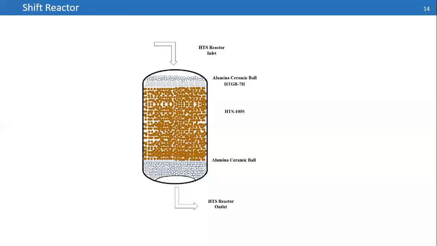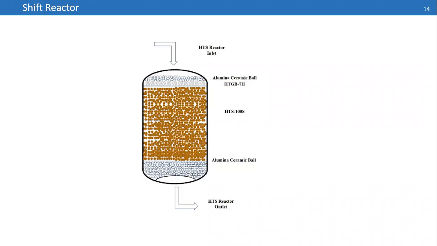But for the case of shift reactions, you reach the equilibrium point quickly.